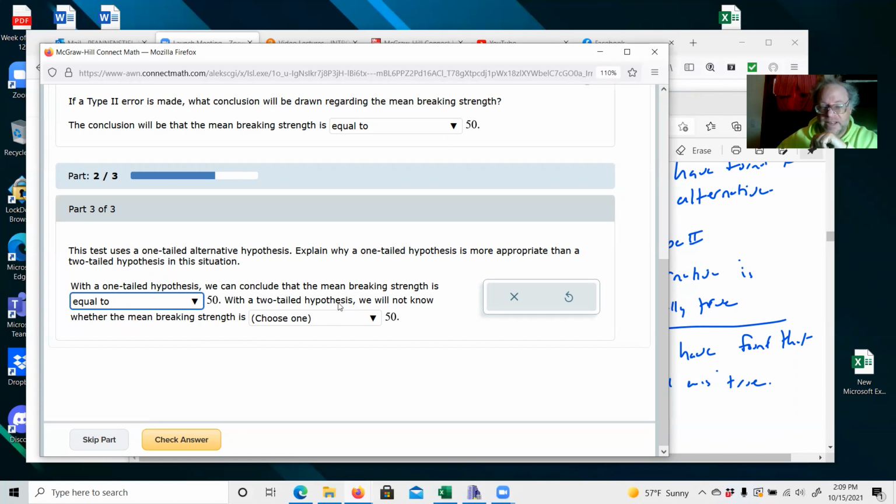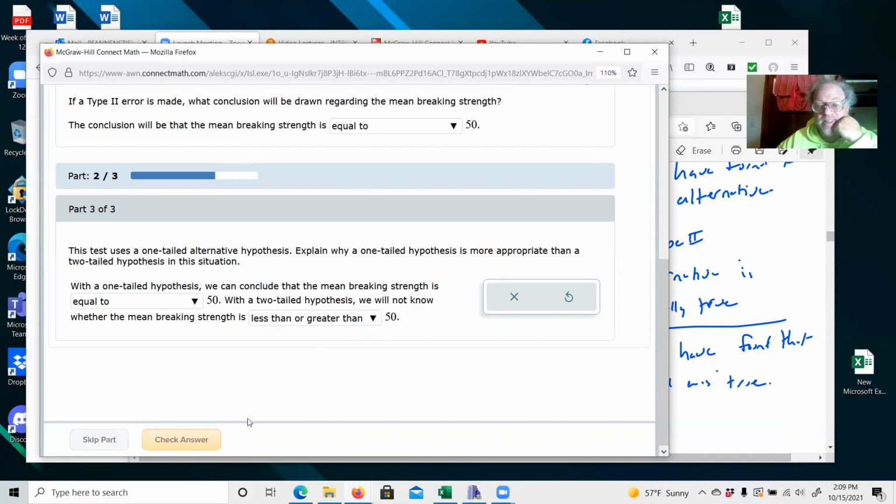With a two-sided test, we would not know if the breaking strength was greater than or equal to, or less than or equal to 50. That's actually a good reason to use a one-sided test, because we really want to know: if we failed, is it more than what they promised or less than what they promised? With a two-sided test, all we know is it's not the same as what they promised.